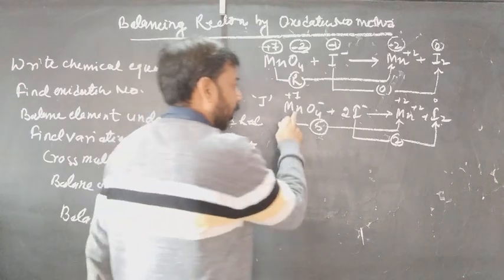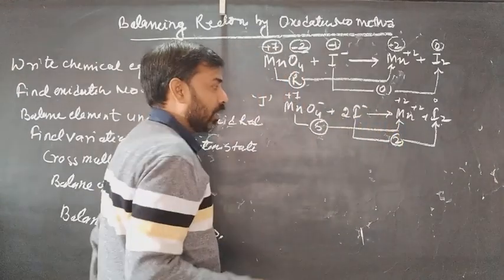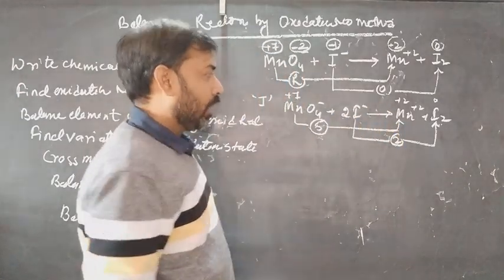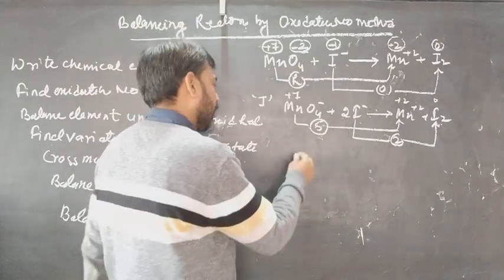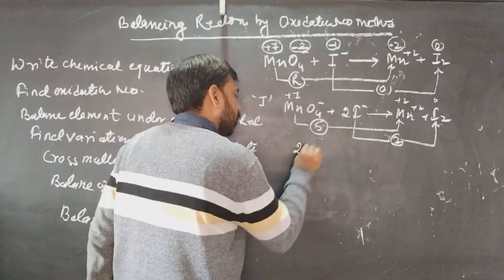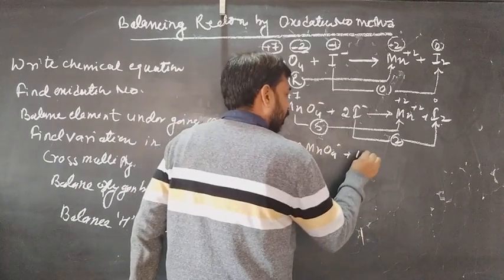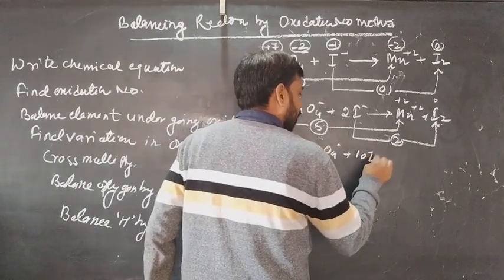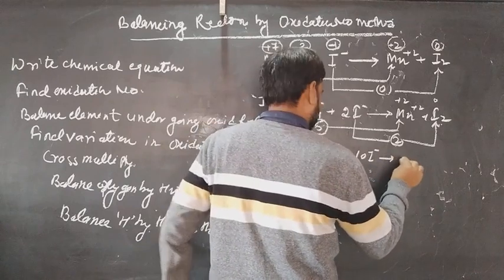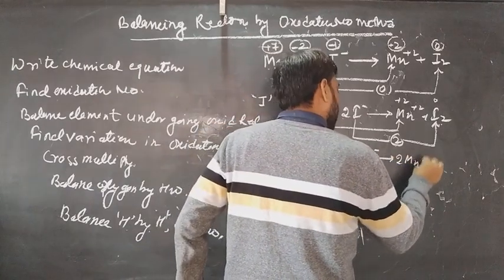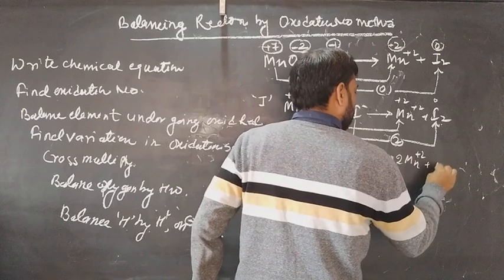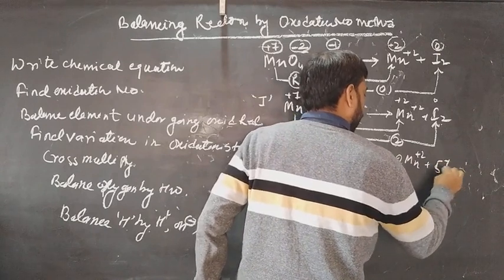That means multiply the Mn half, that is the reduction half, with 2 and the oxidation half with 5. So we are just multiplying. ये हो गया आपका 2 MnO4 minus plus 10 I minus gives 2 Mn plus 2 plus 5 I2.